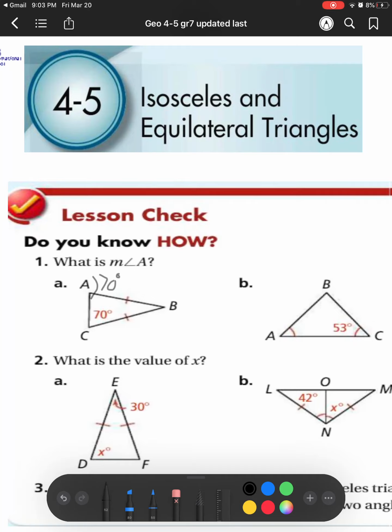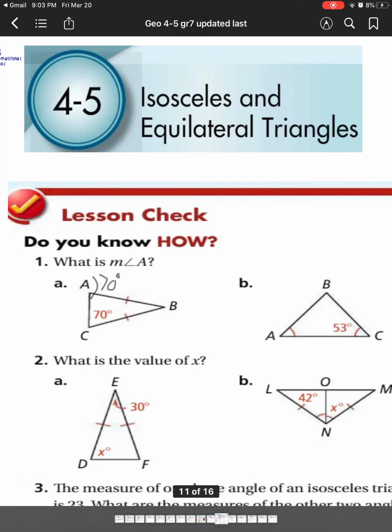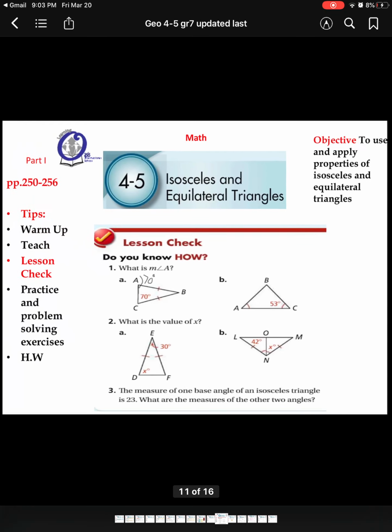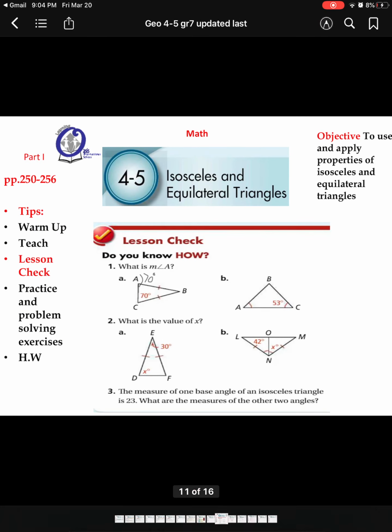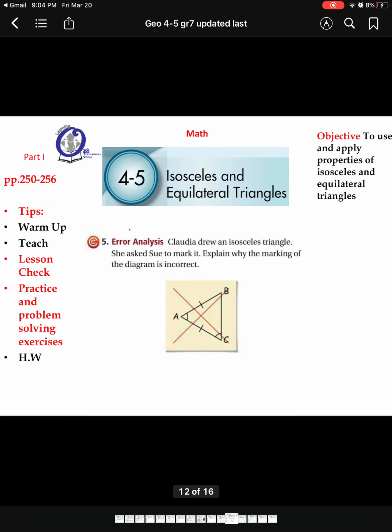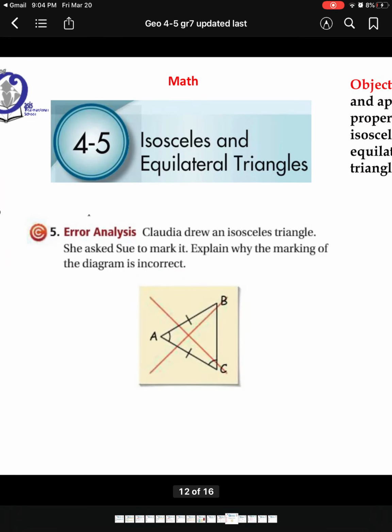Now, if I want to look at the error analysis question: Claudia drew an isosceles triangle. She asked Sue to mark it. Explain why the marking of the diagram is incorrect. I will revise the theorem. There is an isosceles triangle, so she marked that the two legs are congruent.